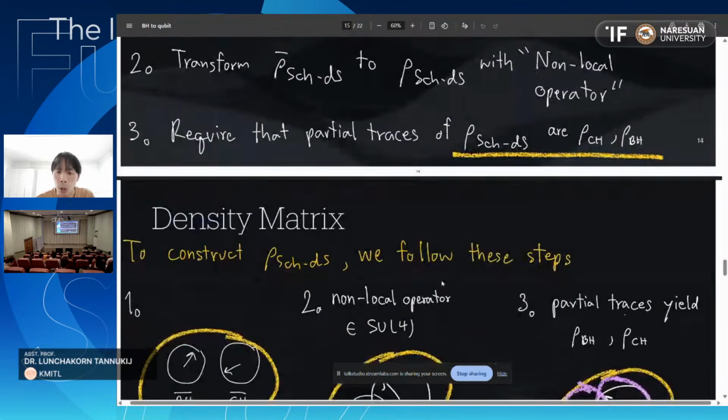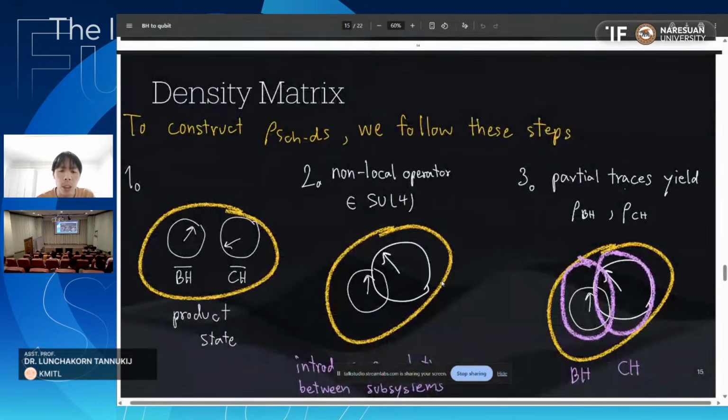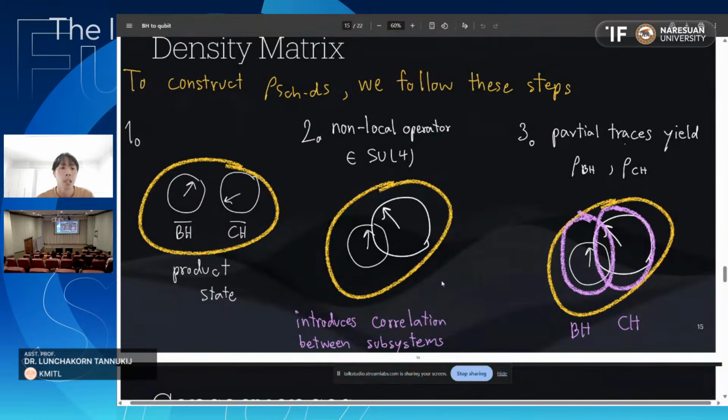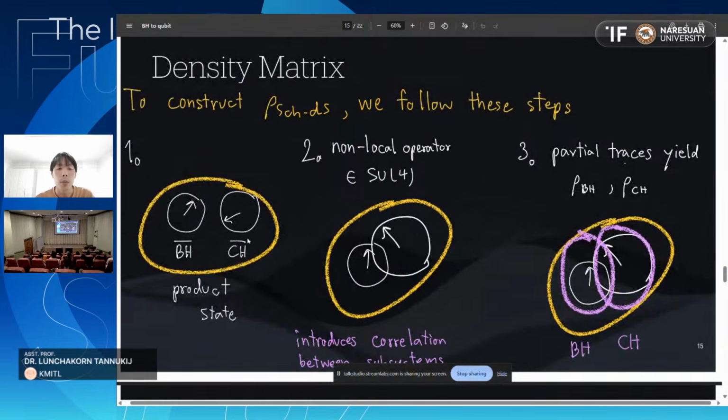I believe I used the correct word. So this is what we do. First, we construct a product state by direct tensor product of these two, and then we rotate it a bit with non-local operators, and then find a partial trace.